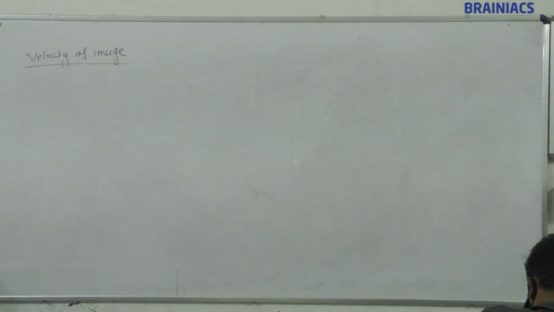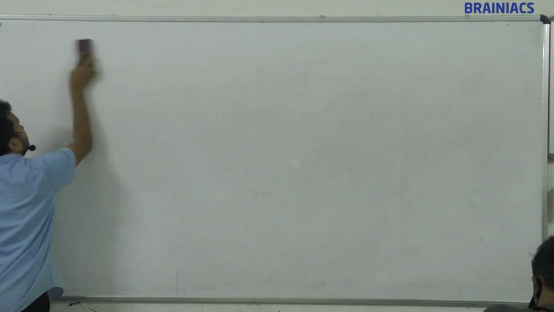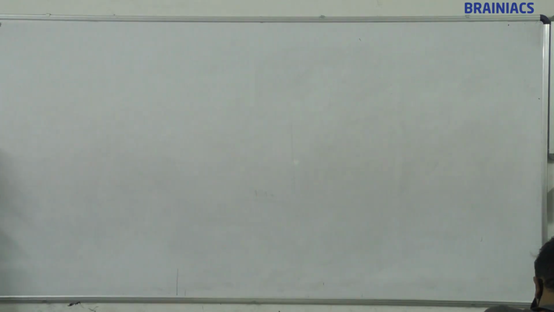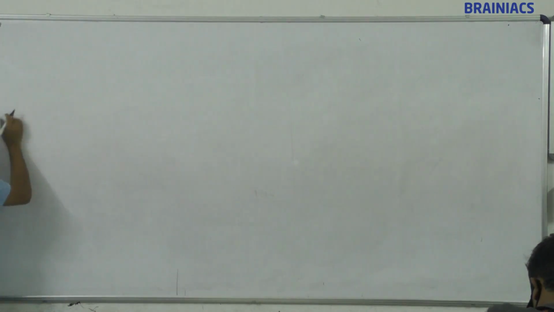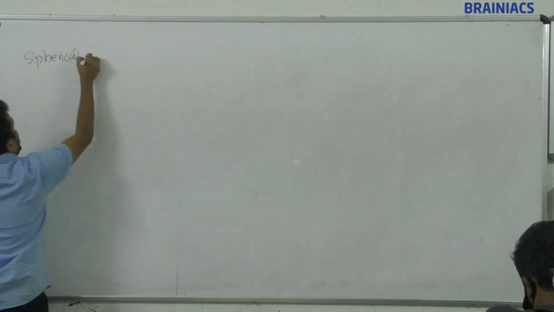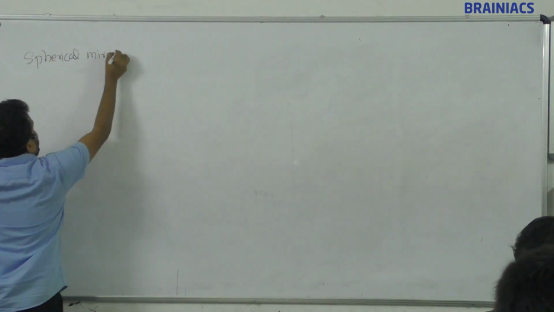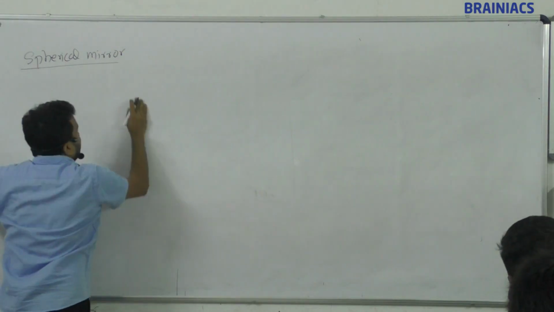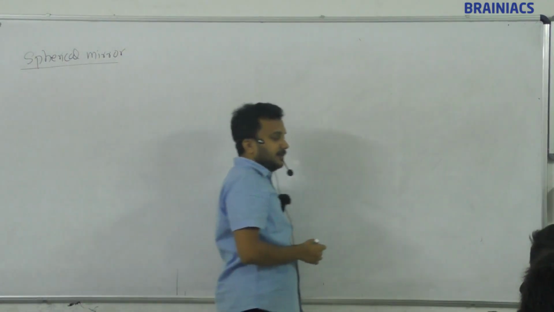Okay, we'll move to the next topic. Velocity of image, velocity of objects. Next one is what? Spherical mirror.